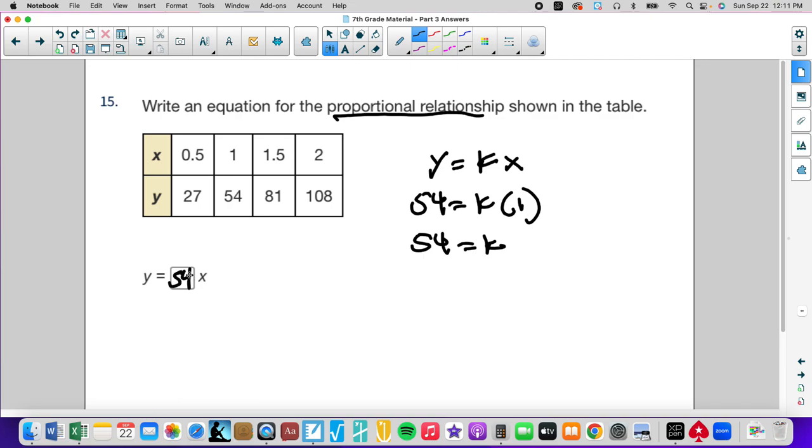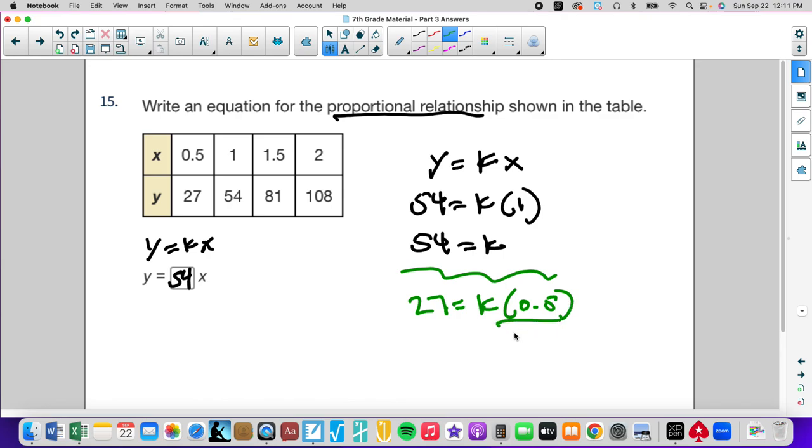That's my k value. Let's use a different set. What if we plugged in 0.5 for x and 27 for y? We would divide by 0.5 on both sides, and we still get 54 equals k. We'd get it no matter what.